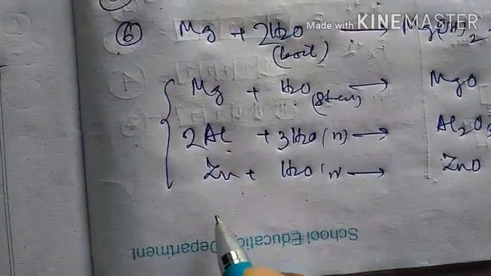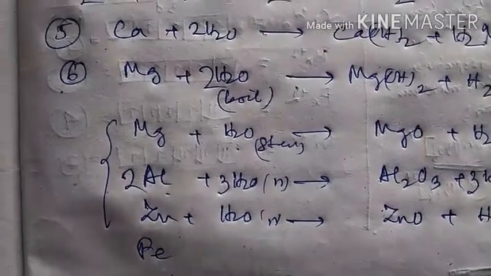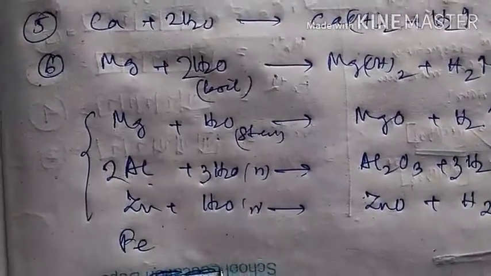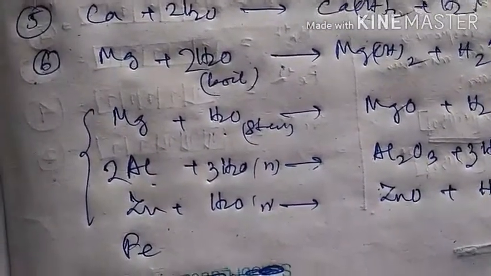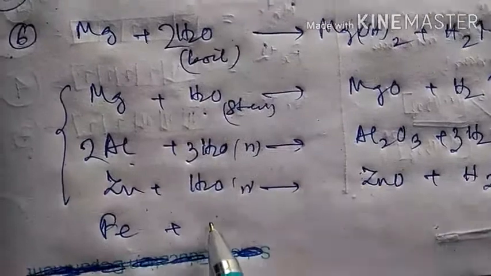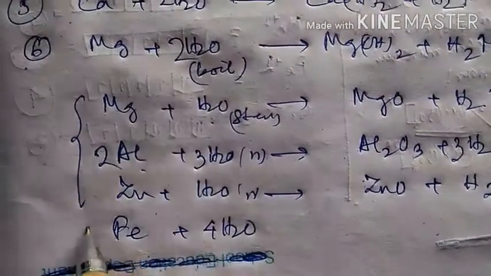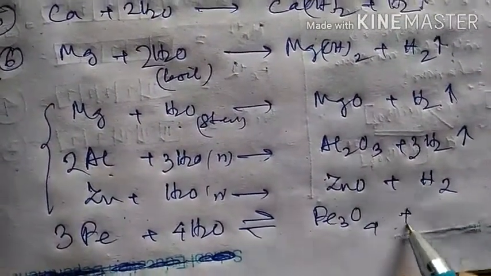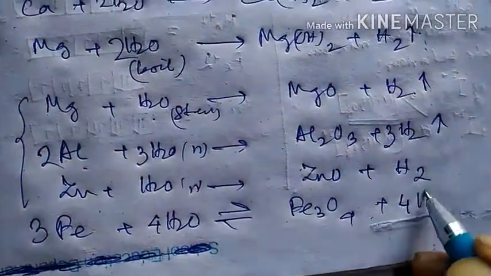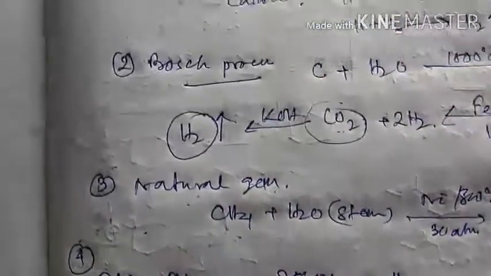And the very last, iron in red hot condition in presence of steam produces hydrogen gas.